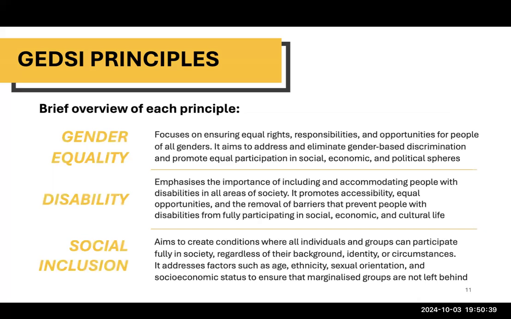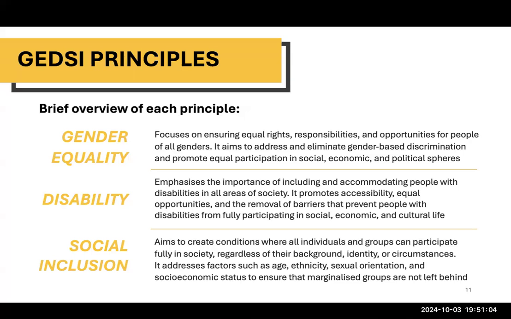So, a brief overview of each principle. First, gender equality. It focuses on ensuring equal rights, responsibilities, and opportunities for people of all genders. It addresses and aims to eliminate gender-based discrimination and promotes equal participation in social, economic, and political spheres. Disability, of course, is about including and accommodating people with disabilities in all areas of society.